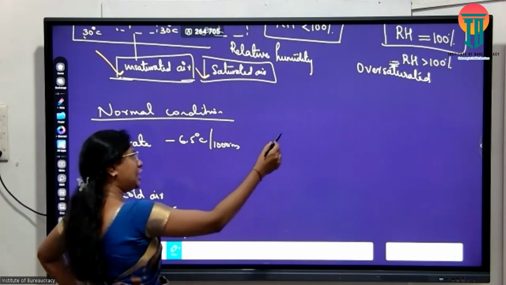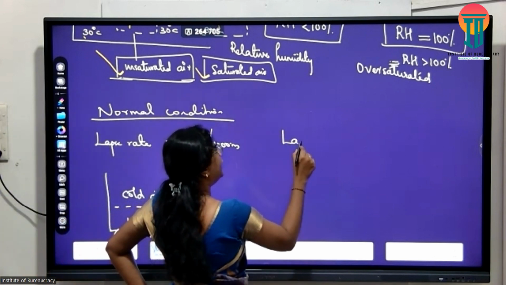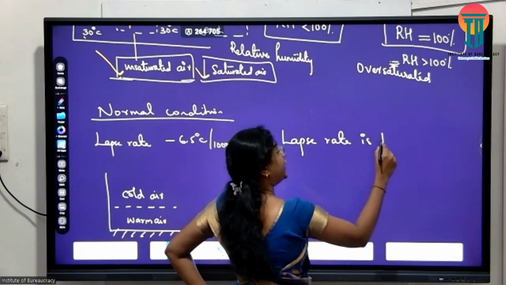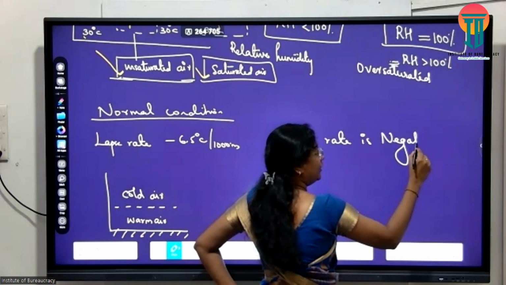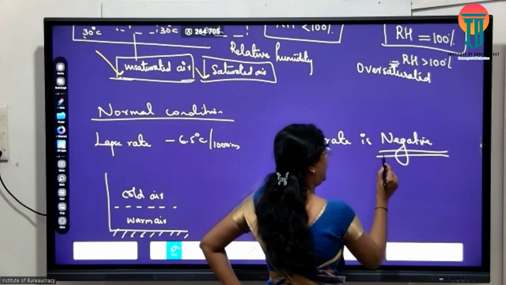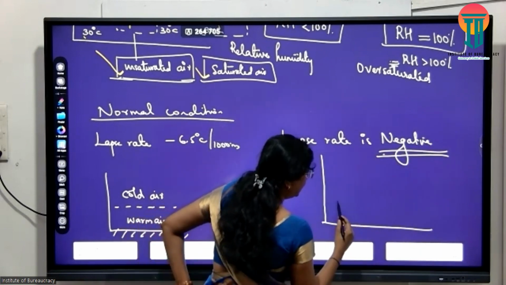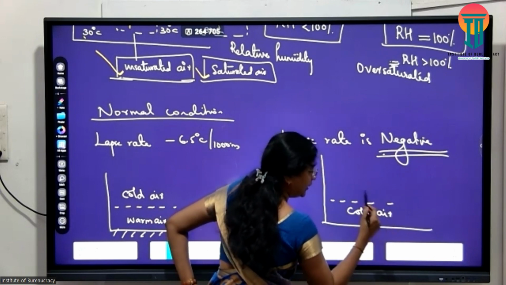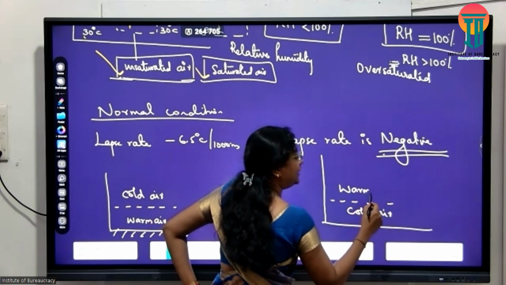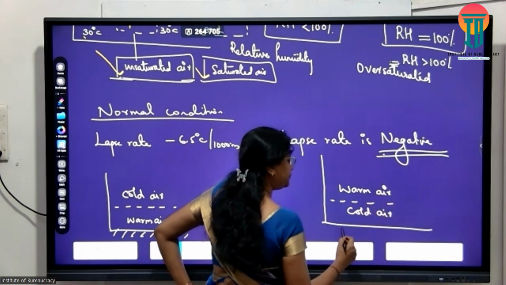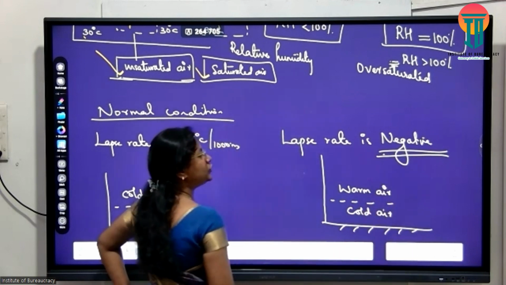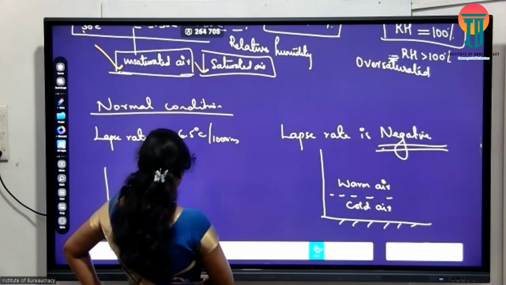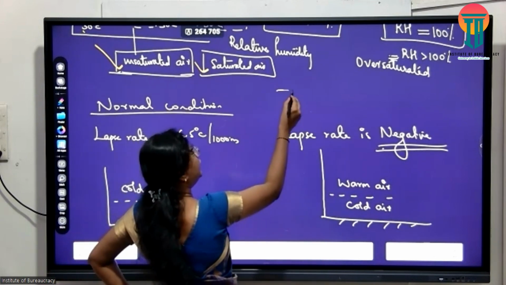ஓகே, there are some conditions where the lapse rate is negative. Negative now meaning the lower layers would be relatively colder than the upper airs. So such reversed condition is known as temperature inversion.